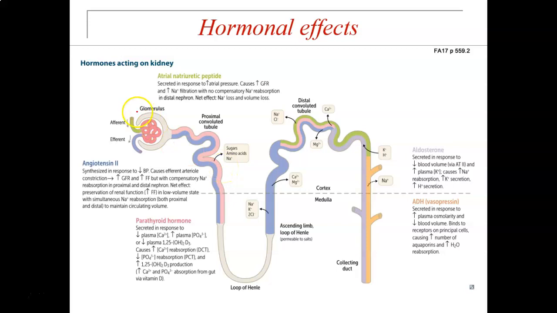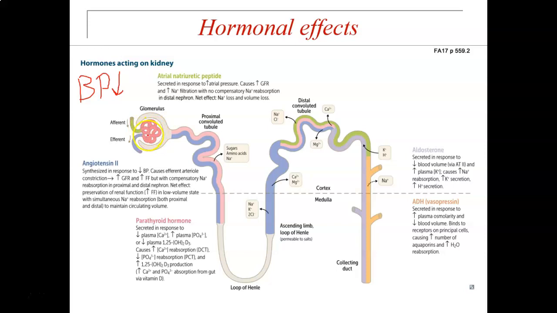If we impact the rate at which the glomerulus is functioning, that can impact how much absorption and secretion is occurring. So if our blood pressure is low, how much filtrate is being produced?